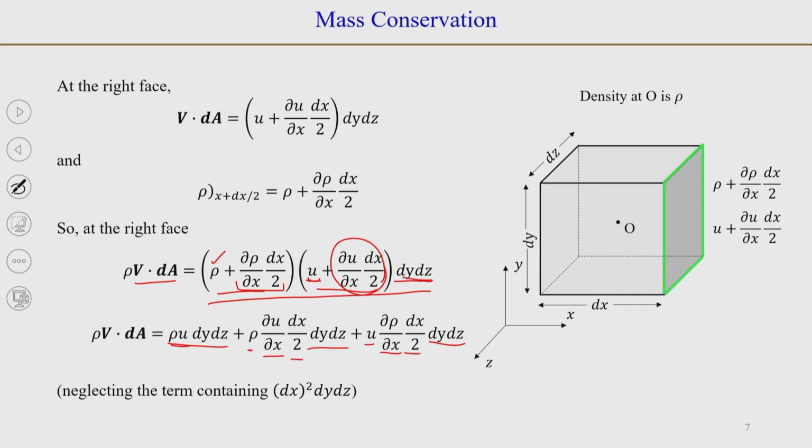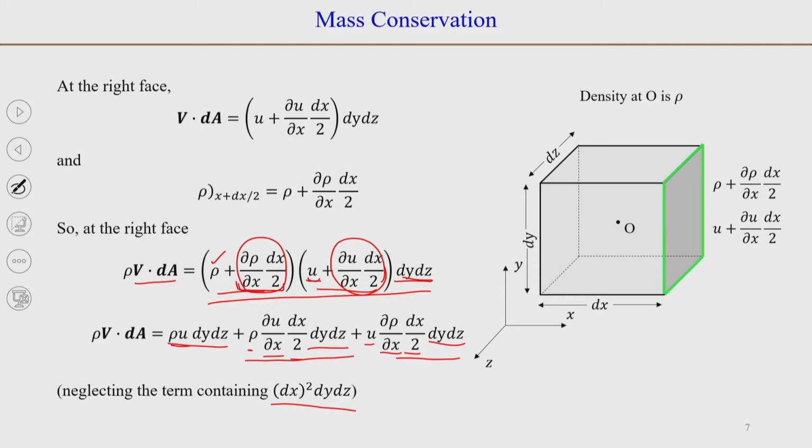Then you will have another term, which is the multiplication of the second terms of both the brackets, so you will have dou u by dou x into dou rho by dou x into (dx by 2) squared into dy dz. Again we will neglect the higher powers of dx, so dx squared, because this term will be much lower when you compare it with the other 3 terms. So, we can neglect the multiplication of these small terms.